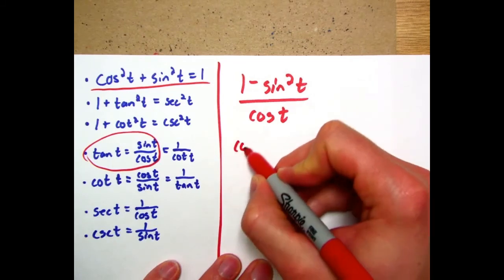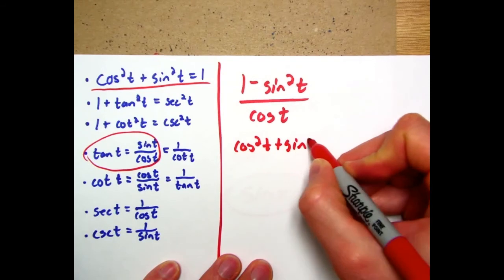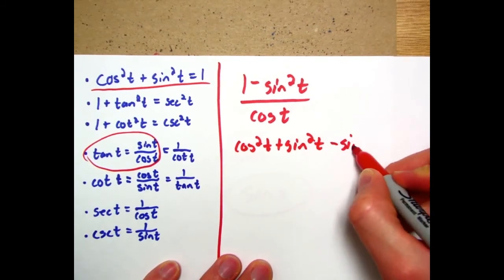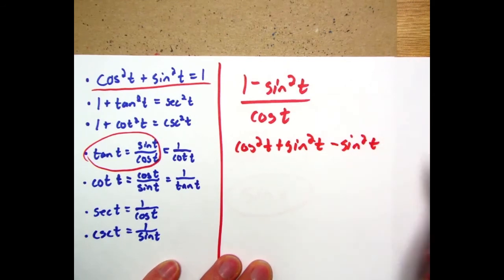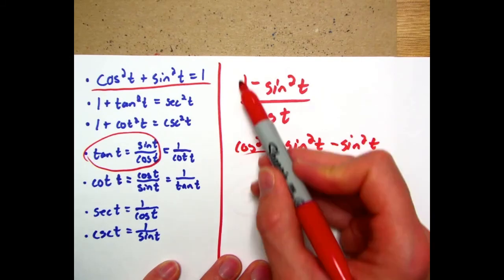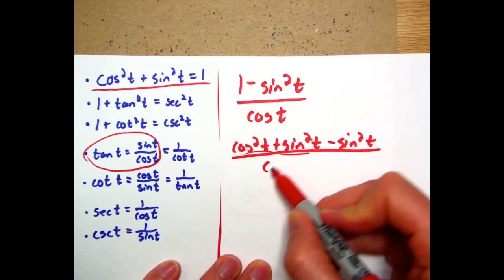So that's cosine squared t plus sine squared t minus sine squared t. All right, so I just replaced that 1. Now this is all going to be over cosine of t.